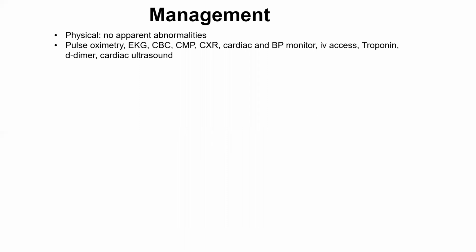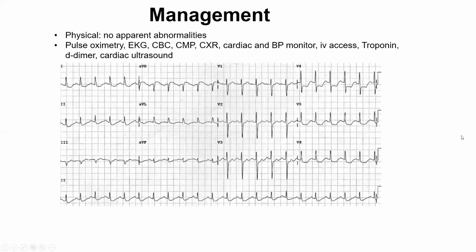For example, if the patient's oxygen saturation is about 90, 92, 93, which is in the normal range, the next test we can get immediately is the EKG. So let's have a look at it.